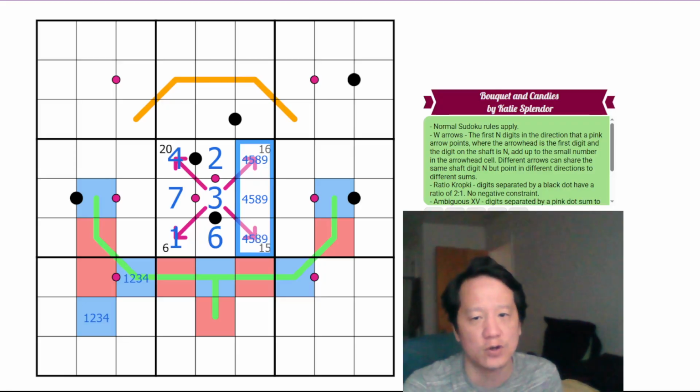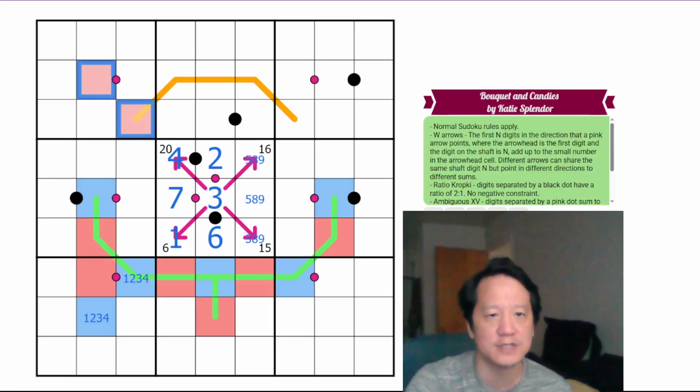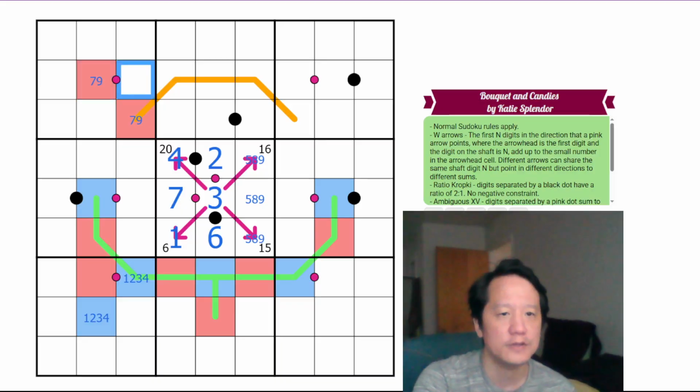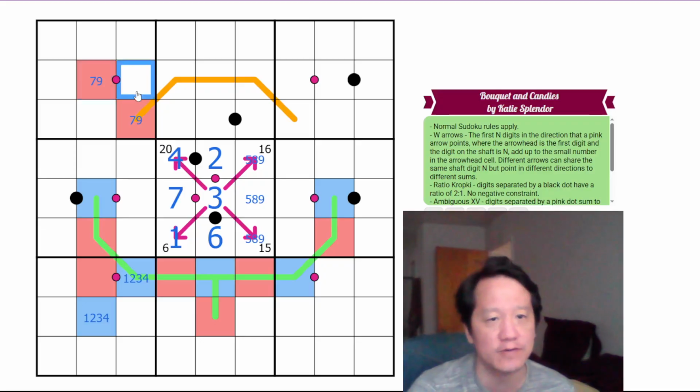2 is only in a 1-2 ratio now with the remaining digit of 4. So this is 4, which means this adds up to 20 here. So these two must add up to 16. So they have to be both high, and they must be 7 and 9. This digit must then add up to 10 with these two digits here, because 7 and 9 are already greater than 5. So this is a low digit and is 1 or 3.